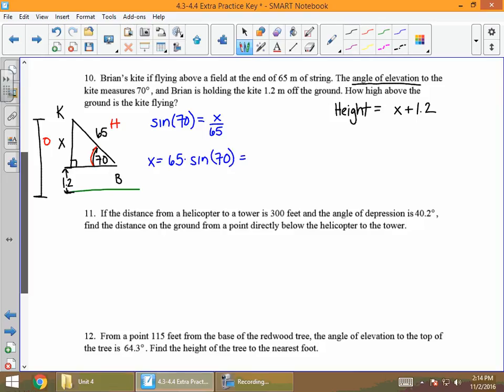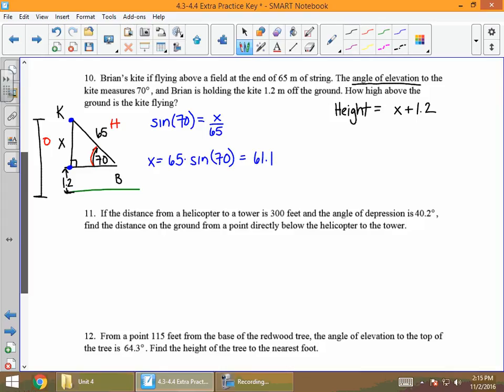But if you type that straight into a calculator, 65 times the sine of 70, you will get 61.1. But that is not my answer. 61.1 is just the distance, if you look at the triangle, from the blue dot to the blue dot. I want to know the total height of this thing.